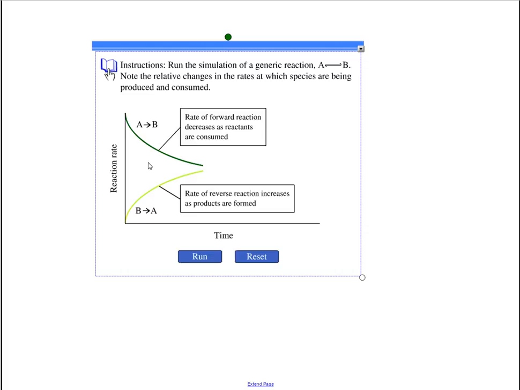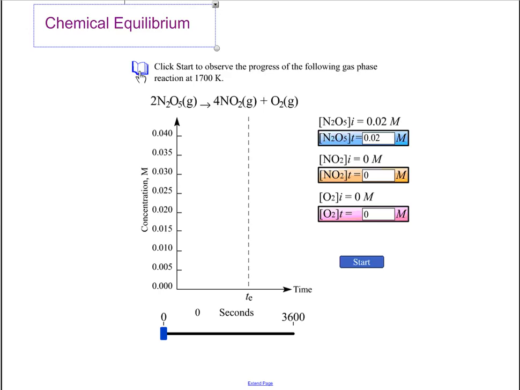As B, the reverse reaction, goes to A, the rate increases as we get more and more B around. So let's see what happens. And eventually we hit a point where the forward rate and the backward rate are the same. Not the concentrations, the rate. Let's take a look at what that means for an actual chemical reaction.